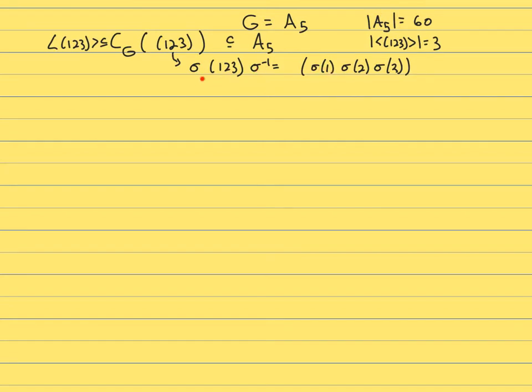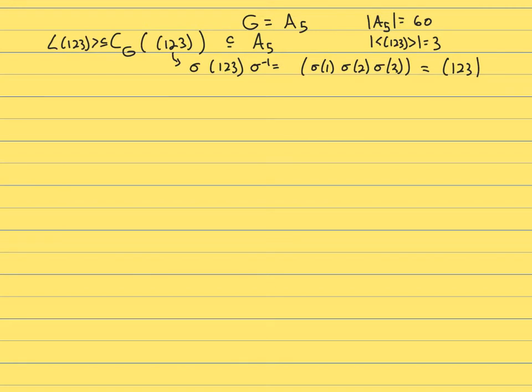If this conjugate is going to be in the centralizer, it's going to have to give you the 3-cycle back. So we see whatever we're doing, sigma 1, sigma 2, and sigma 3 have to be permuting 1, 2, 3. And not only that, it has to be a permutation that's permuting them in cyclic order.